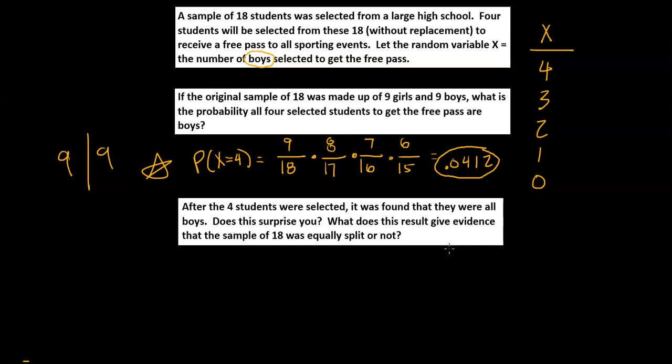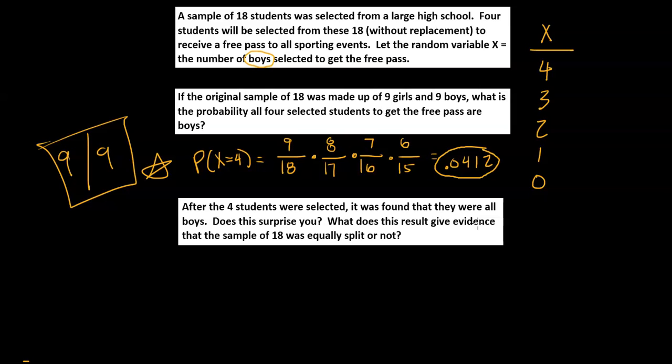A lot of people are going to jump and say, oh, no, it wasn't split. If you got all 4 boys, there must have been something funny going on. But not really. If we did have an equal split, the probability of getting all 4 boys wasn't that surprising. If it was surprising, then maybe I would say it wasn't an equal split. But what I'm trying to get across is that what happened wasn't really weird.